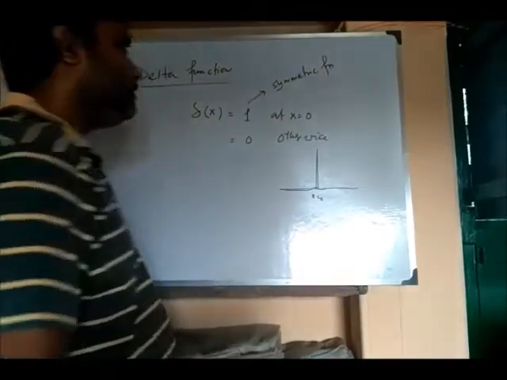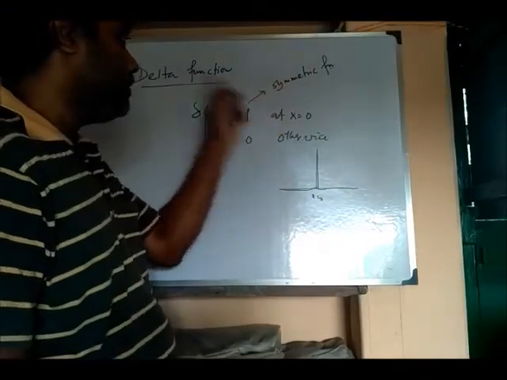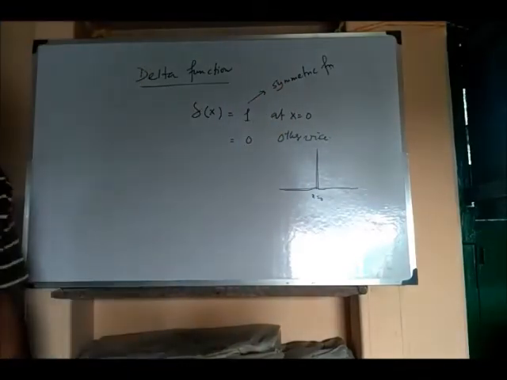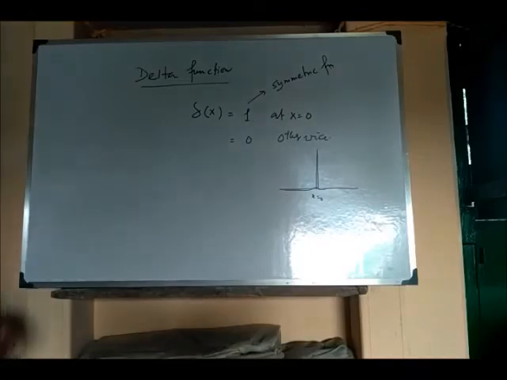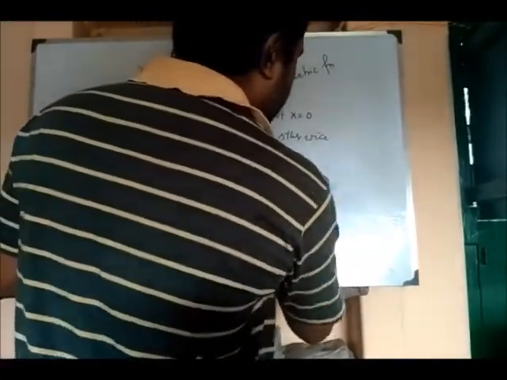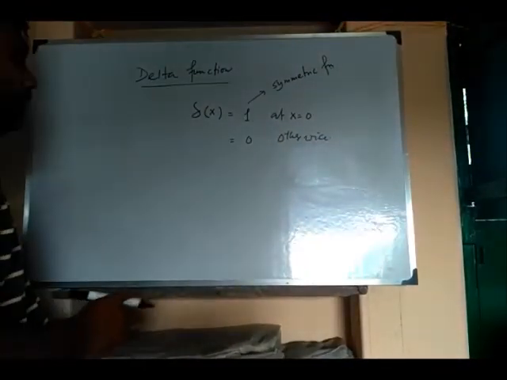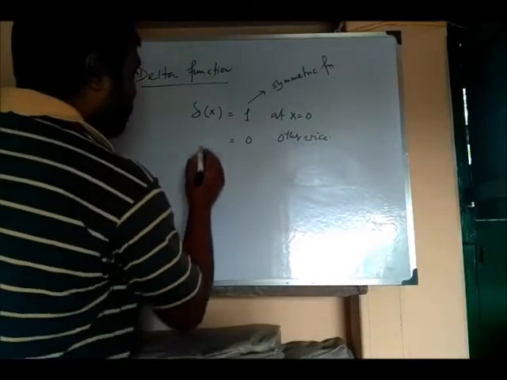So this is a symmetric function. You can write this as a symmetric function, so an even function, right? As this is an even function, you can expand this delta function in terms of Fourier series. So what you will get?